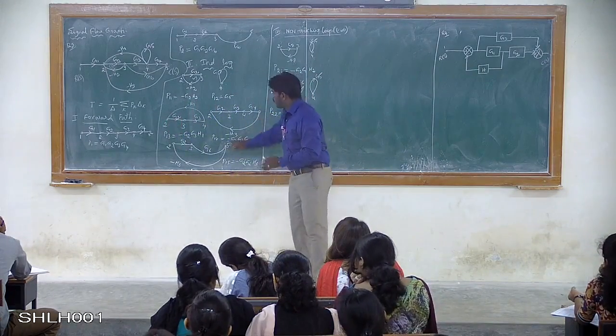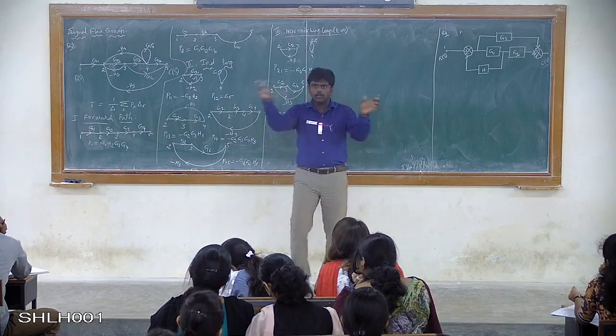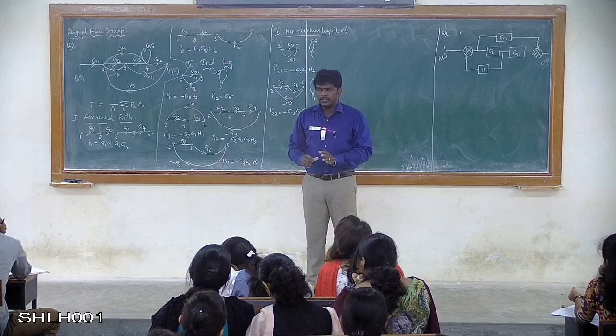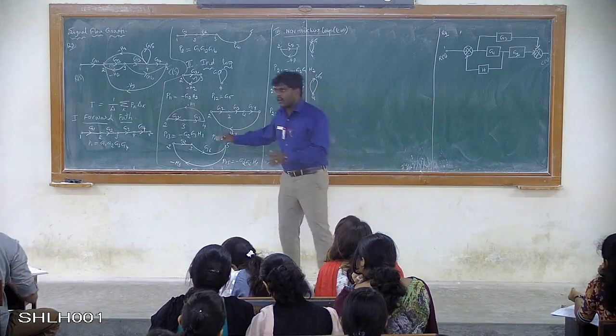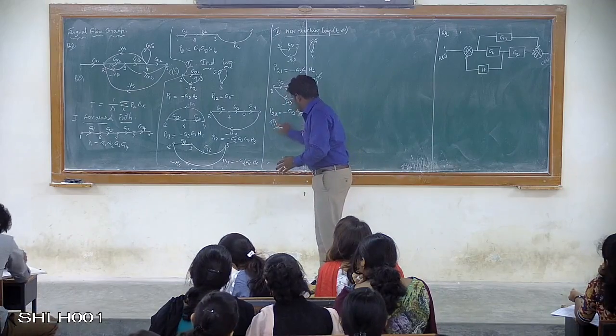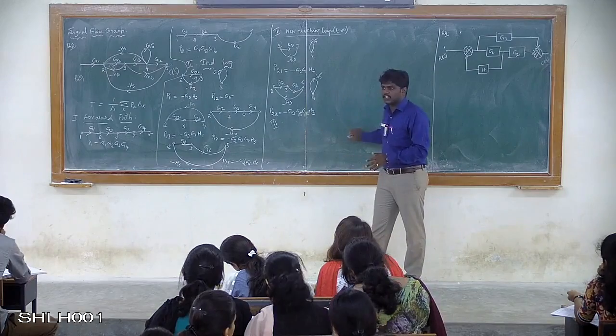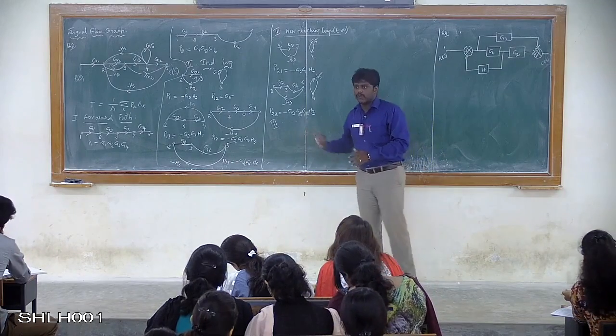So here we have to see, is there any three loops which are not touching each other? So if we try to find out, there is none. Okay, so write a heading as three non-touching loops, and there are no three non-touching loops available in the given signal flow graph.